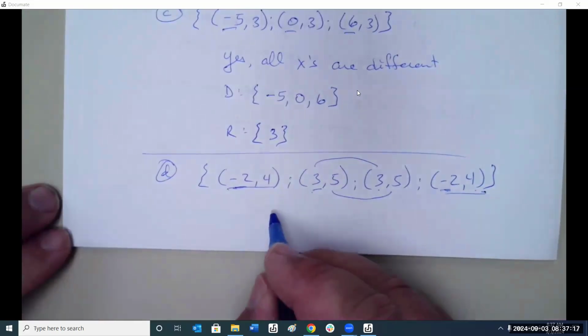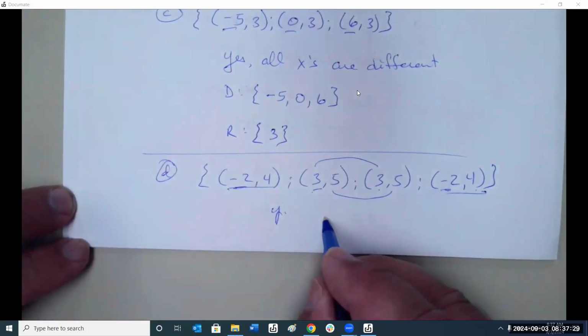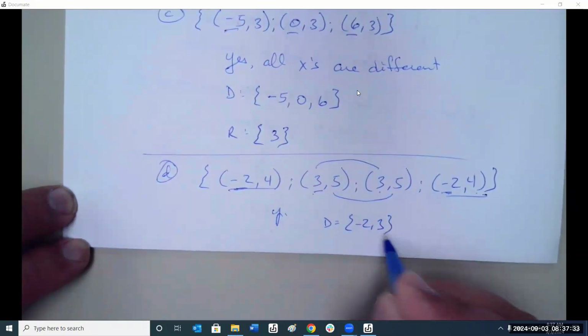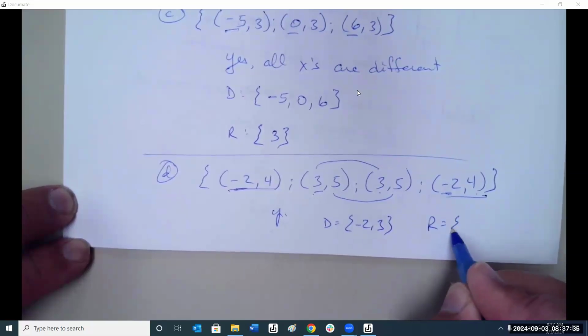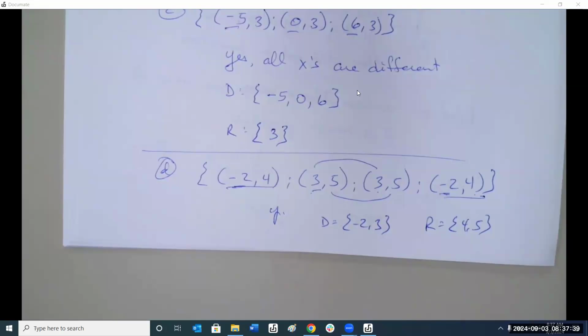So yes, this is a function. Trick question. And the domain, -2, 3. Range. Anybody not see all that? So is it a function? Yes.